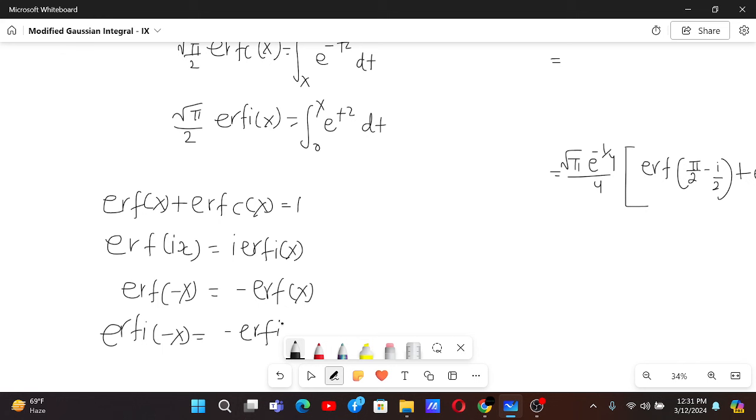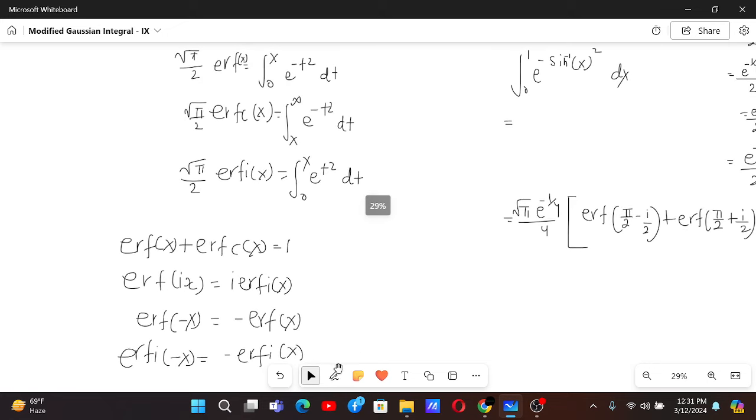You can basically derive these formulas from the definitions itself, and the proof is left to the viewers.